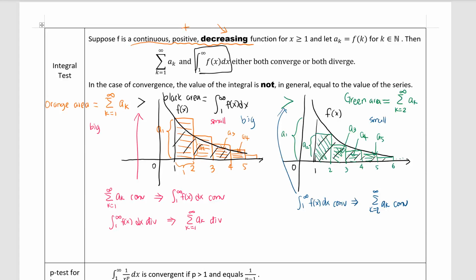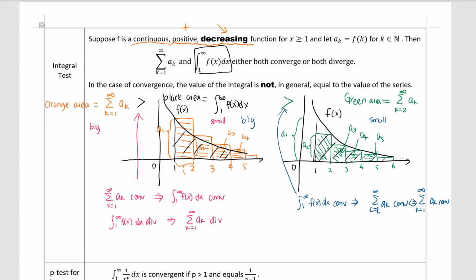This is the small guy. But remember, whether or not a series converges only depends on the tail. It does not depend on what it starts with. So this is the same as saying the series k from 1 to infinity of a sub k also converges.